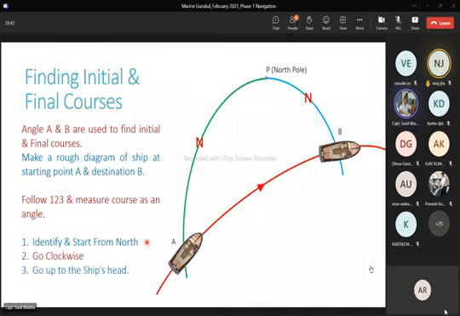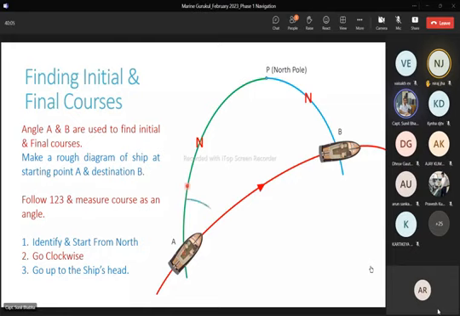Now moving on to step number 2. We have to go clockwise from here, that is from the north direction. We have to go clockwise. And in step number 3, we have to go up to the ship's head. So starting from north, let's come to our initial position A first.